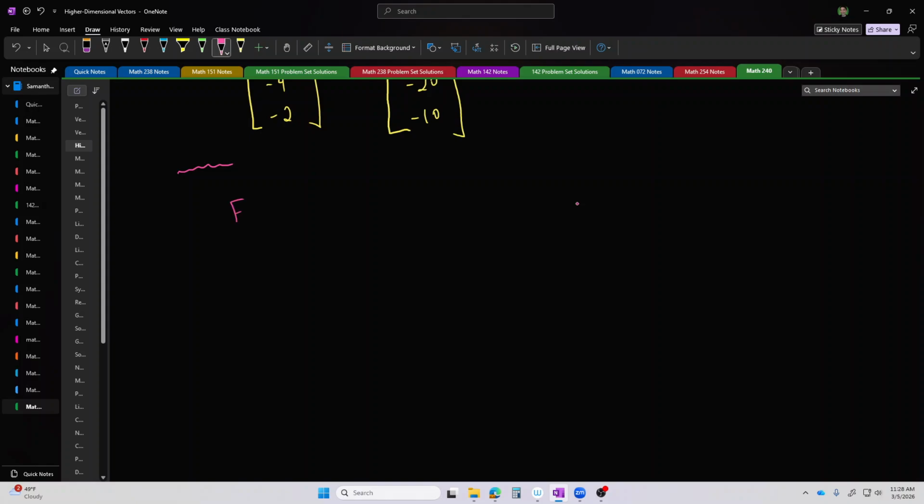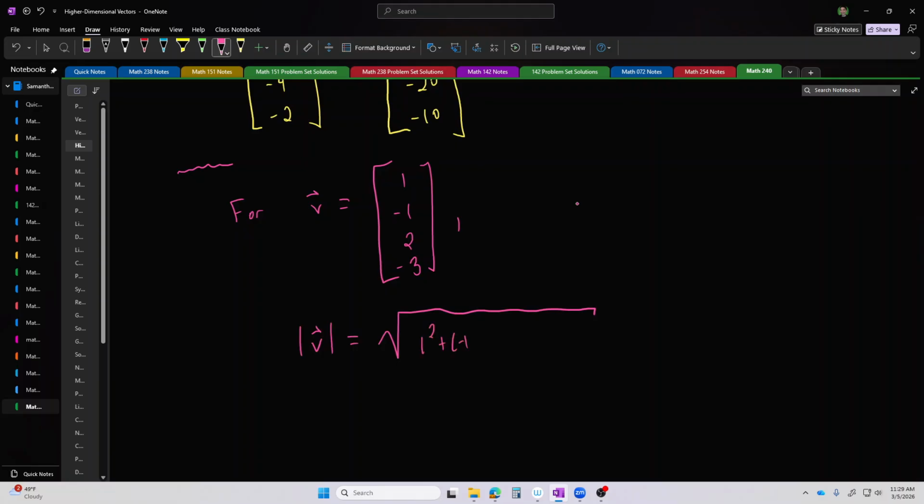So if I define a vector v to be the column vector 1, minus 2, 2, minus 3, and I want to find the length of that vector, I can just take the square root of 1 squared plus negative 2 squared plus 2 squared plus negative 3 squared.